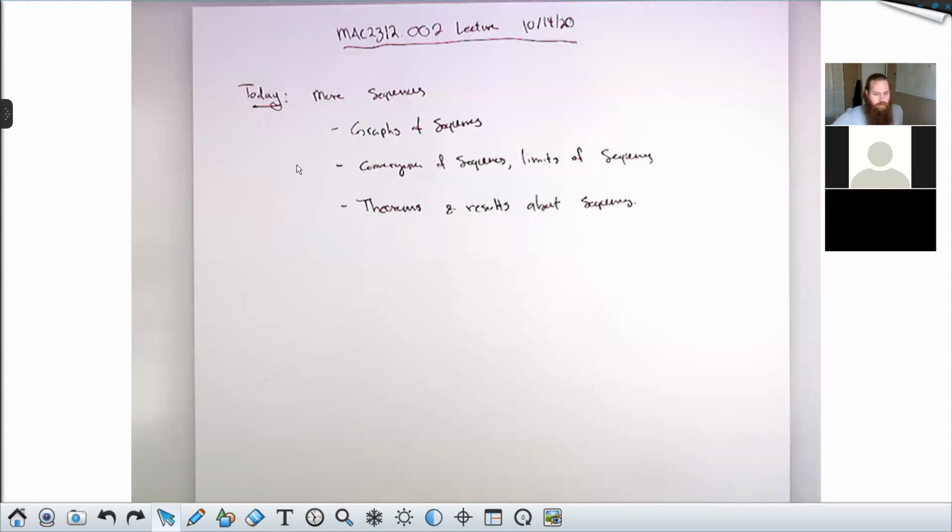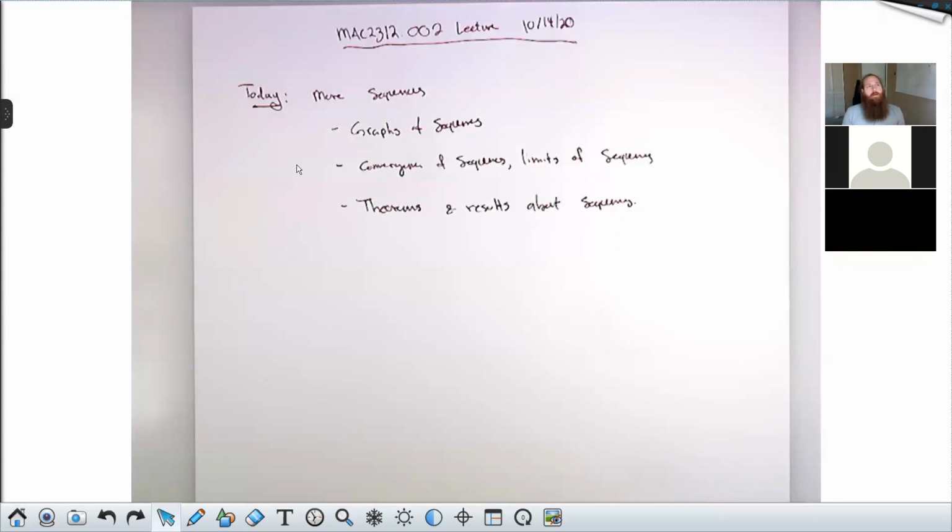Remember, we said that a sequence is a function whose domain is the positive whole numbers, maybe including 0, maybe not. So what does that say about the graph? Well, remember, you can find the domain of a function by squeezing the graph down onto the x-axis. You take the whole graph, you smush it down onto the x-axis. Those x values that get hit, those are the domain.